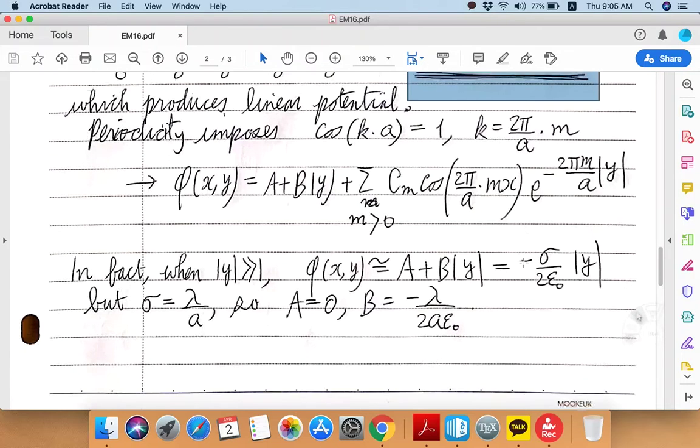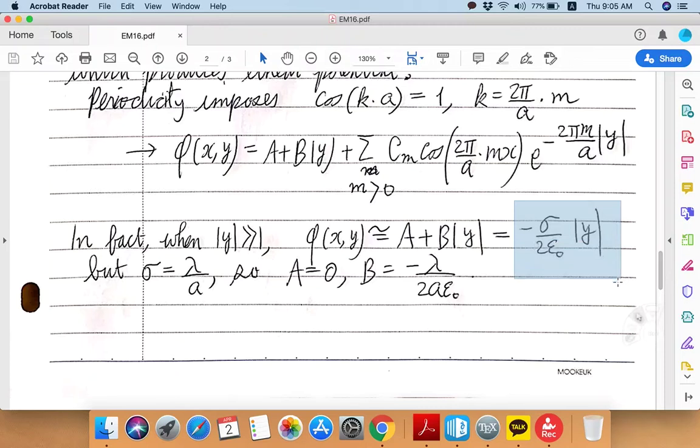That's this guy over here, where this sigma, which now stands for the areal charge density, is related to the line charge density lambda divided by the separation. Okay, so based on this physical reasoning, we can only fix b to be this number and a to be 0.